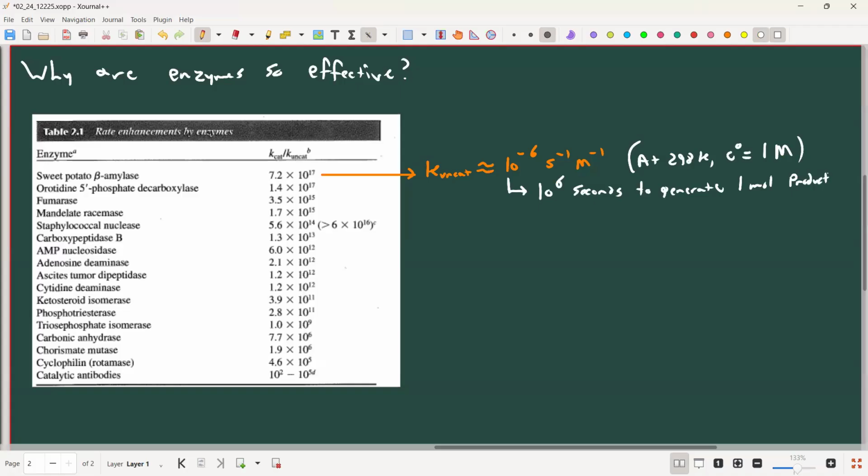Okay, of course, that's not really fair because nothing's at a concentration of 1 molar in the body. Things are much more dilute. Some things are much more concentrated in the body. But most proteins are not at 1 molar concentration. They're at millimolar or micromolar scale. We have to do a little bit of unit conversion.